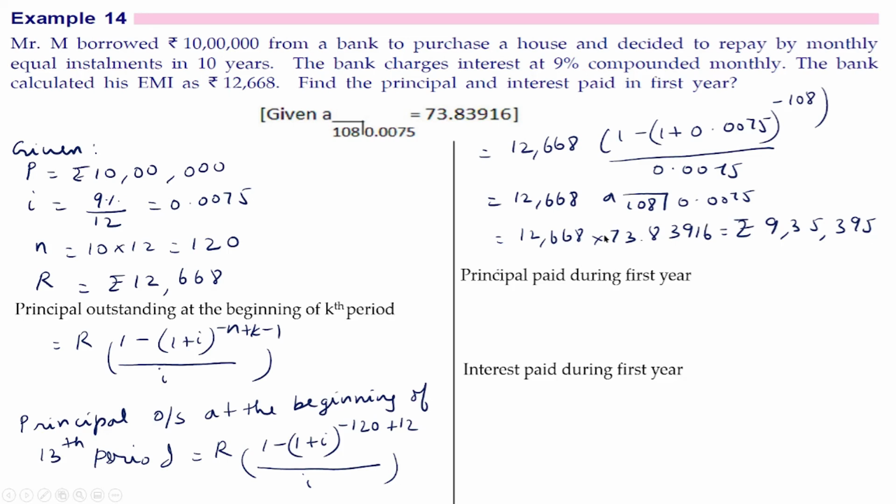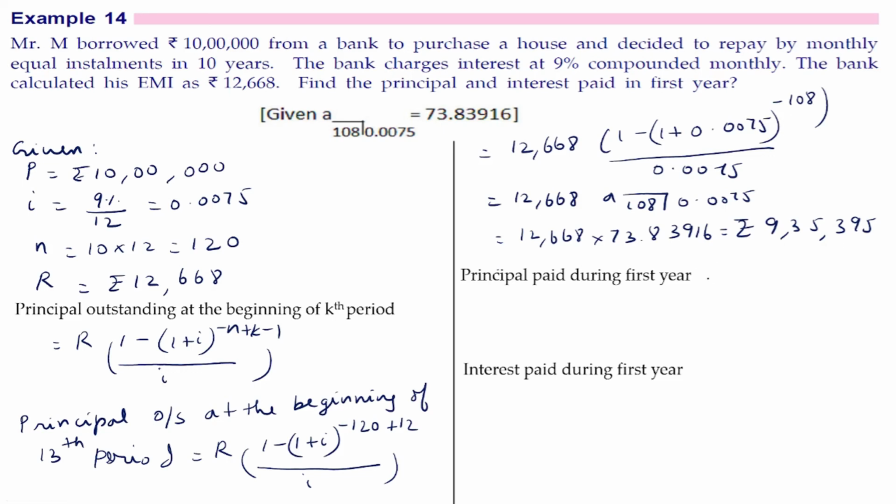So the principal outstanding at the beginning of the second year, that is after 1 year principal and interest has been repaid, is 9,35,395. So the principal paid during the first year will be rupees 10 lakh minus this amount.